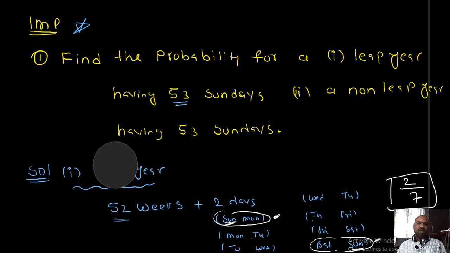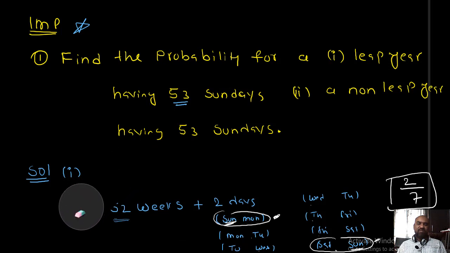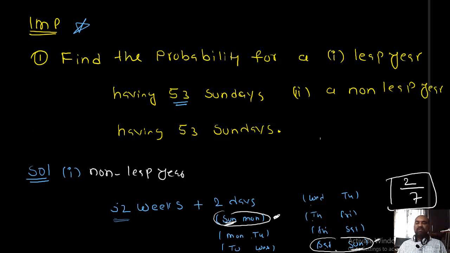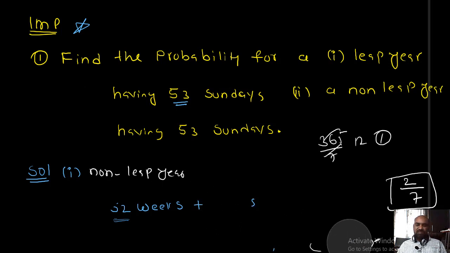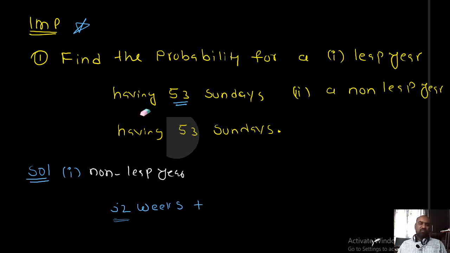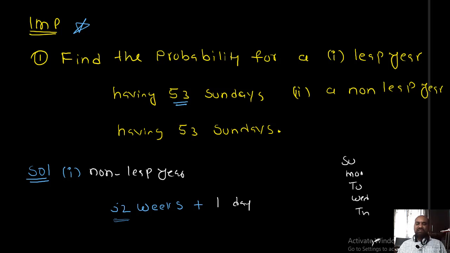For a non-leap year, I want to write the answer. A non-leap year consists of 365 days, divided by 7 gives 52 weeks and one extra day. That one day may be Sunday, Monday, Tuesday, Wednesday, Thursday, Friday, or Saturday.